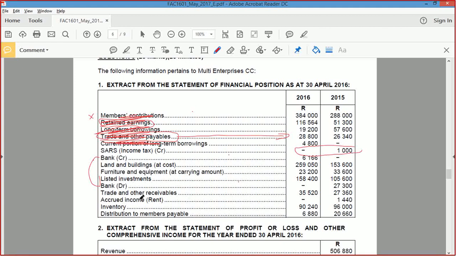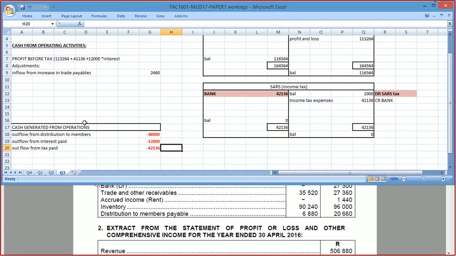Okay, trade and other receivables. Do I need it? Yes. Correct. What happened to it? Did it go up or down? It went up. Inflow, outflow? When do you receive money from your receivables? When they pay you, right? When they decrease.